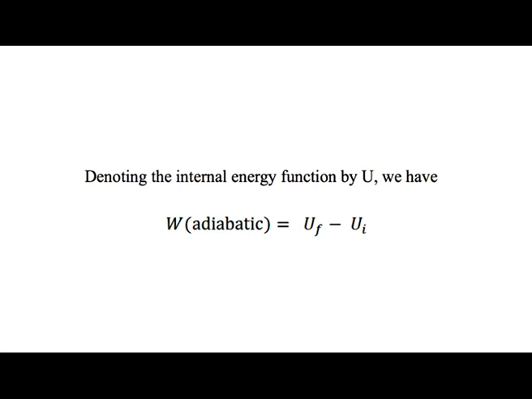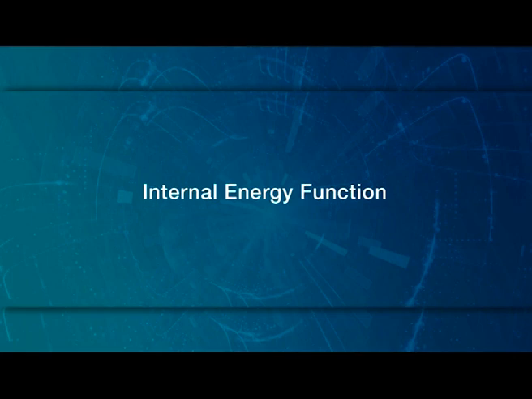Here U_F is the internal energy in the final state, U_I is the internal energy in the initial state. The signs are such that if positive work is done on the system, the energy increases. Then what is an internal energy function? The physical interpretation of the difference of internal energy.